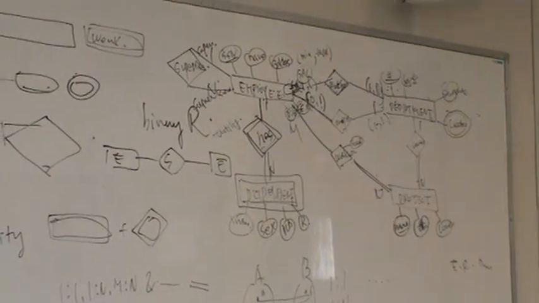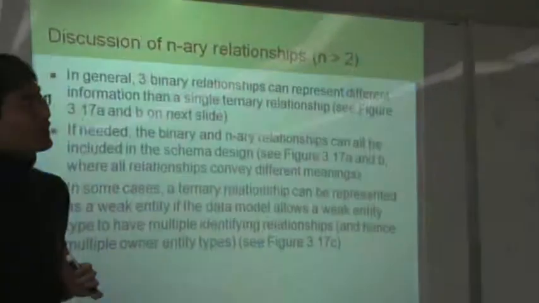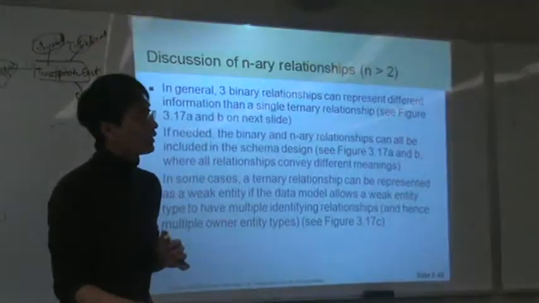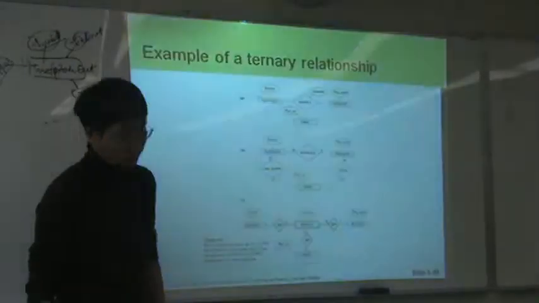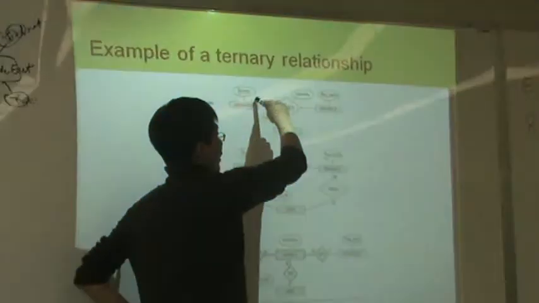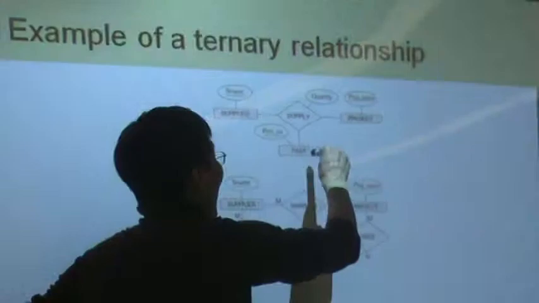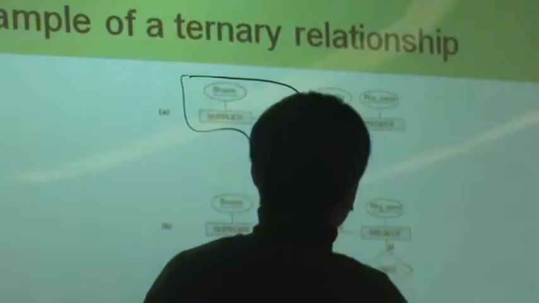However, sometimes there are more than two entities involved in making the relationship. For example, supplier supplies item. This is a binary relationship, as you have seen over there.